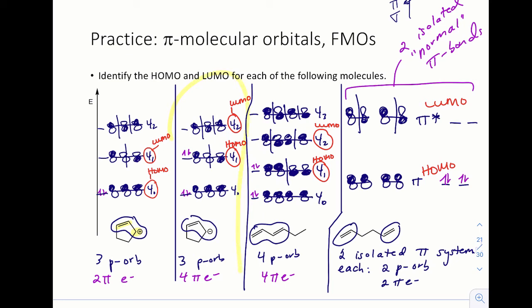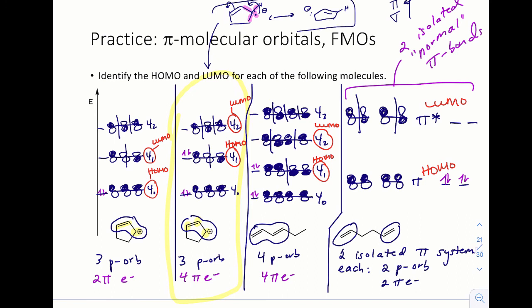For our next example, there again are 3 p orbitals. Now, for this molecule, we are perhaps tempted to say that, hey, there are 4 domains of electrons around that carbon. It's sp3. Well, no, it's not, because if it is sp2, then the electrons are conjugated or delocalized among these 3 atoms. We know that conjugation is lower energy than isolation.